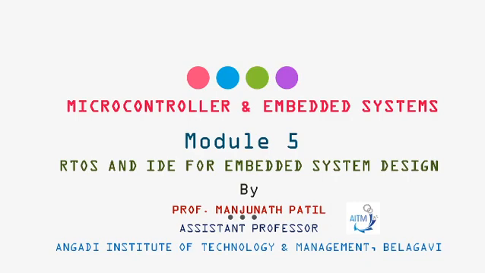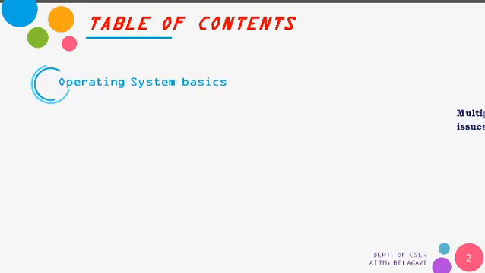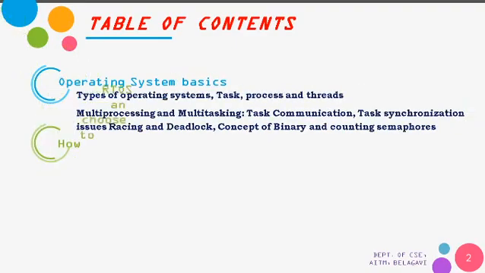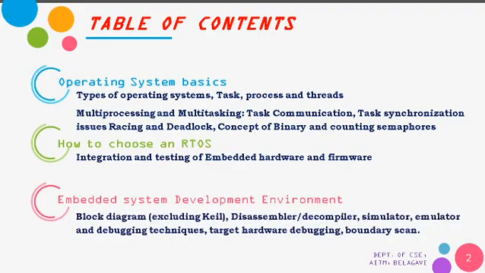Now we'll see what all the things we'll be covering in this module. So first we'll deal with the operating system basics. So here we'll see the types of operating system, task, process and threads, then multiprocessing and multitasking, then task communication, task synchronization, issues arising and deadlock, and the concept of binary and counting semaphores.